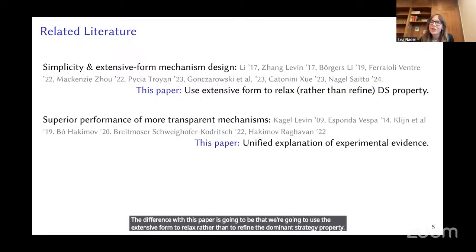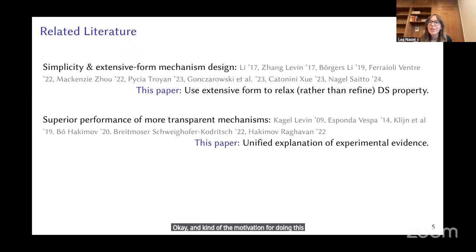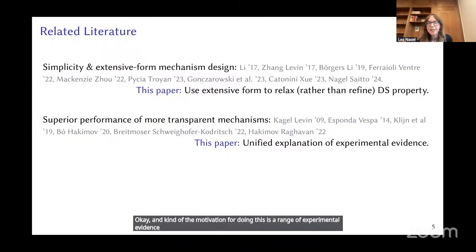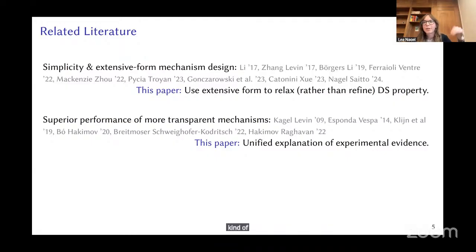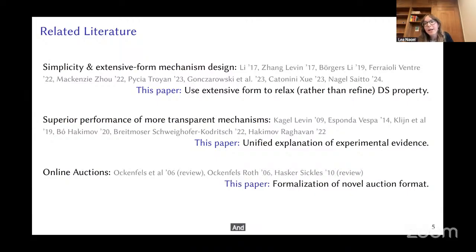And the motivation for doing this is a range of experimental evidence that already exists that has shown that more transparent mechanisms generally perform better. And this can be true not only fixing a particular solution concept, but even as we break, for example, dominant strategy incentive compatibility. And finally, our main application is going to relate us to a literature on online auctions.